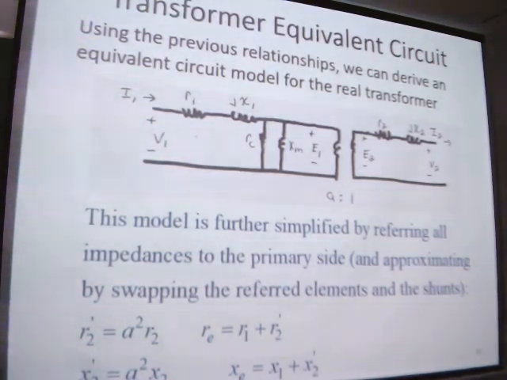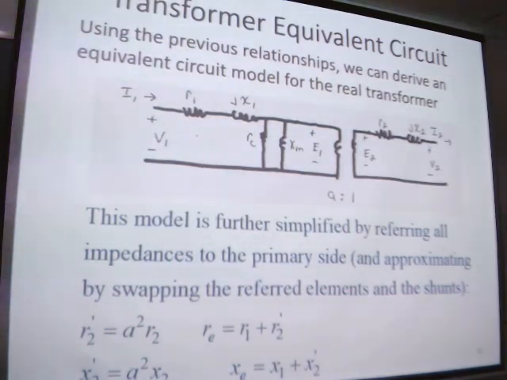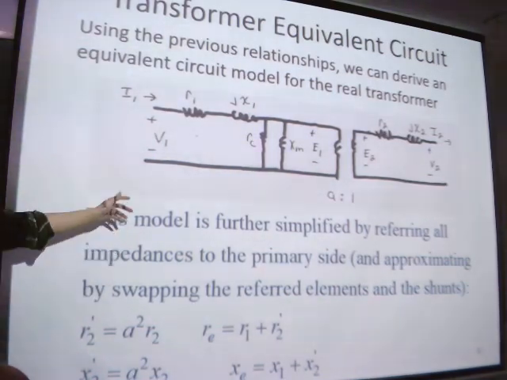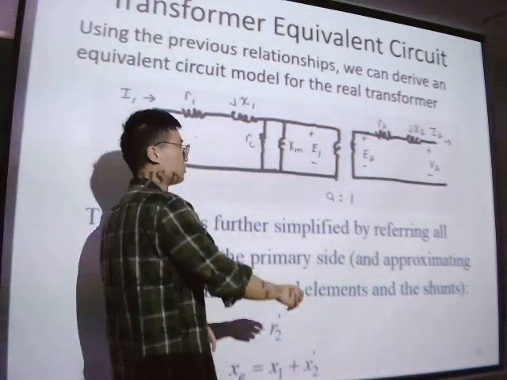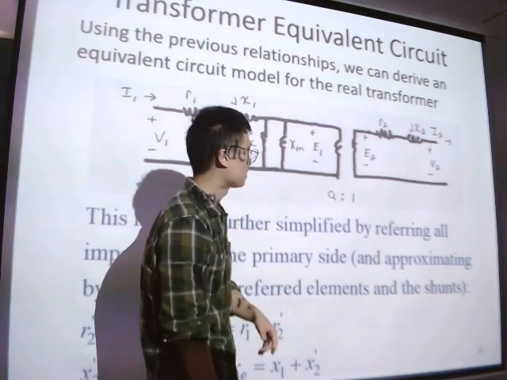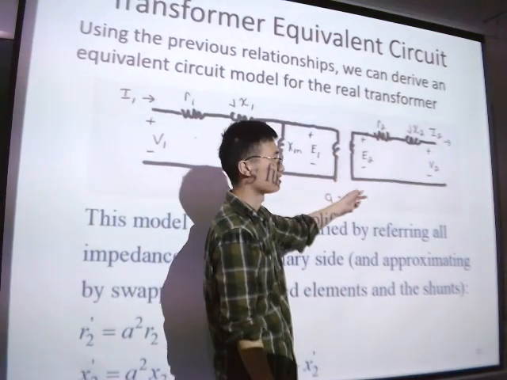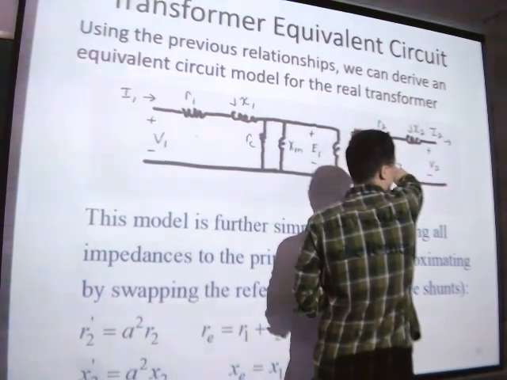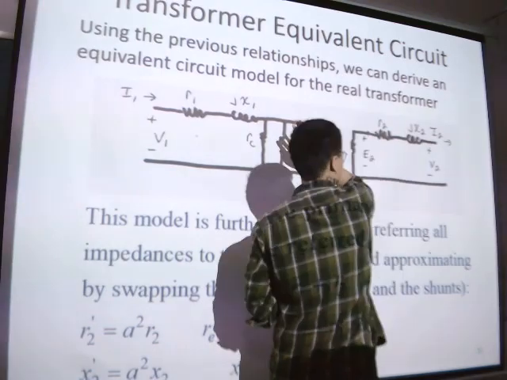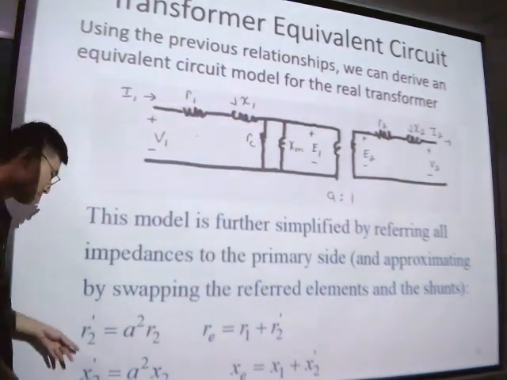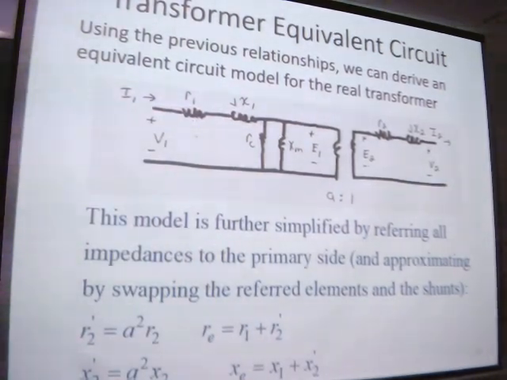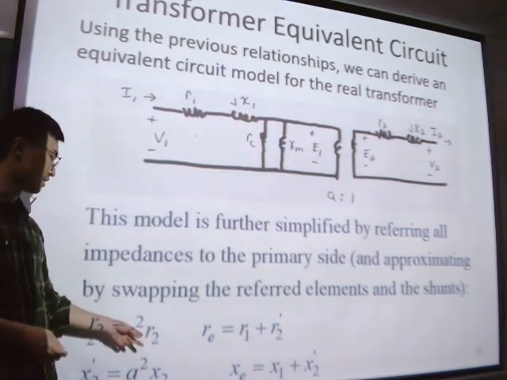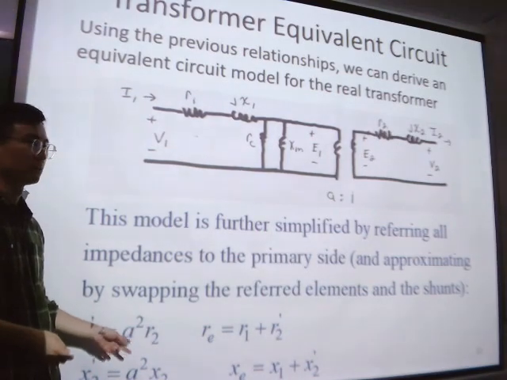Okay, so in the next step, we need to further simplify this equivalent circuit. We can just use these relationships between the two sides, okay? We can move this part to the primary side, so the impedance on the secondary side is multiplied by a square, okay?